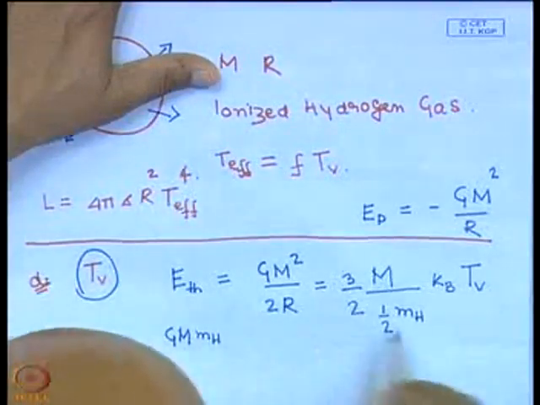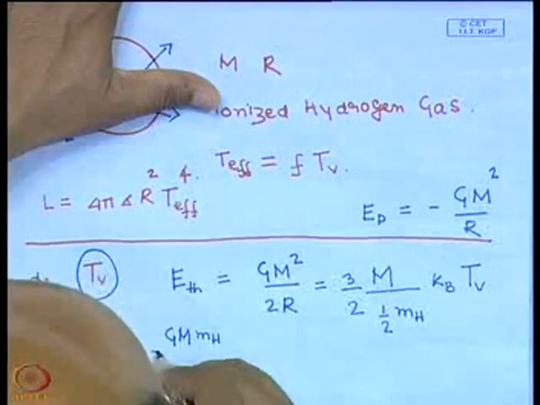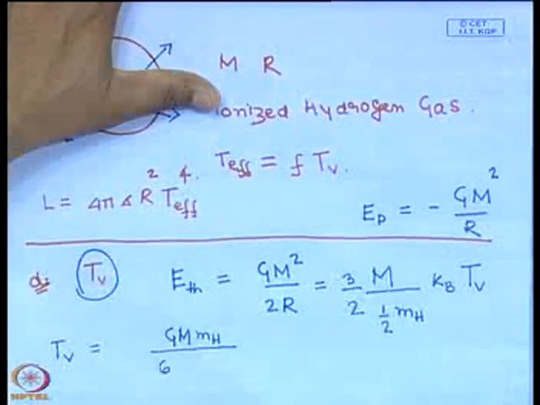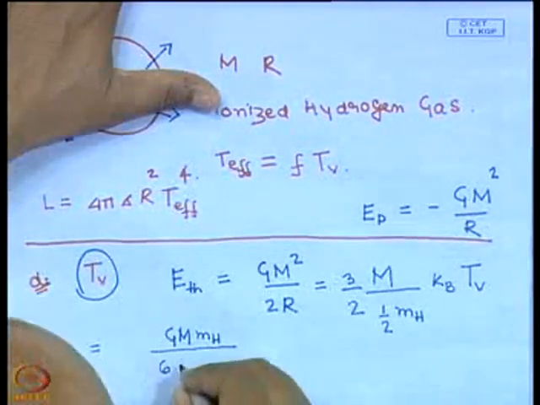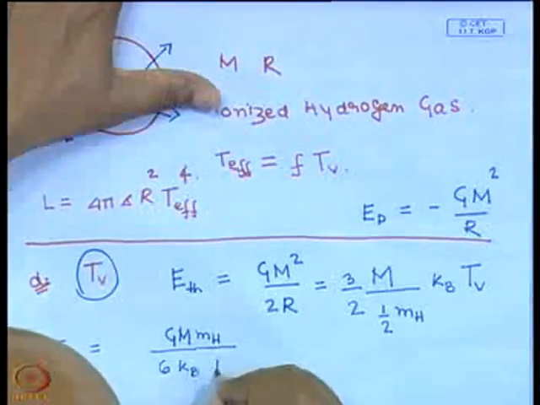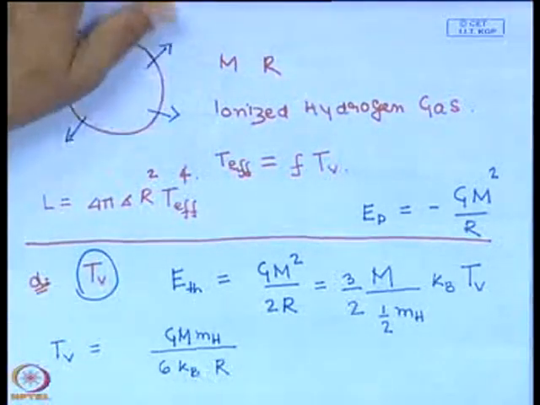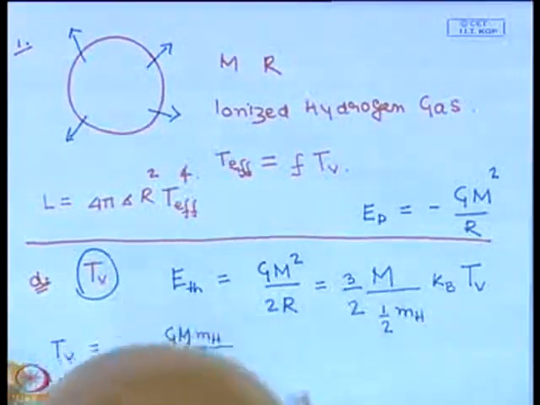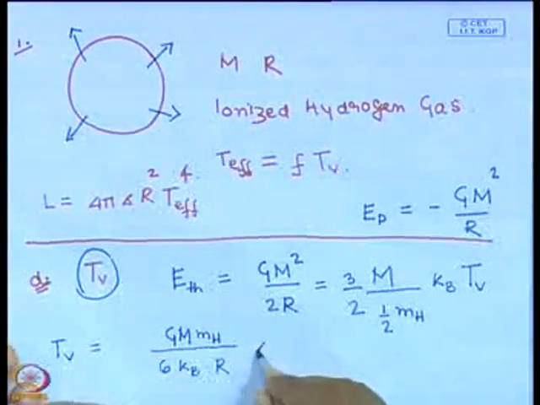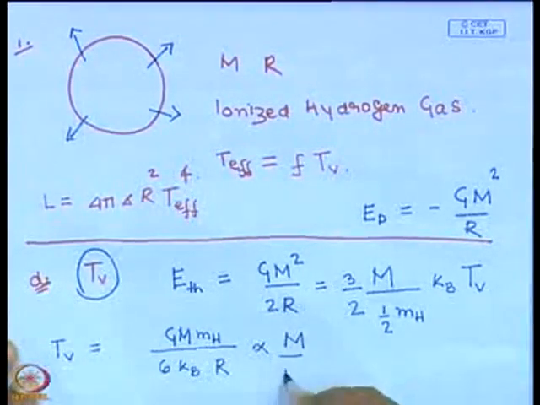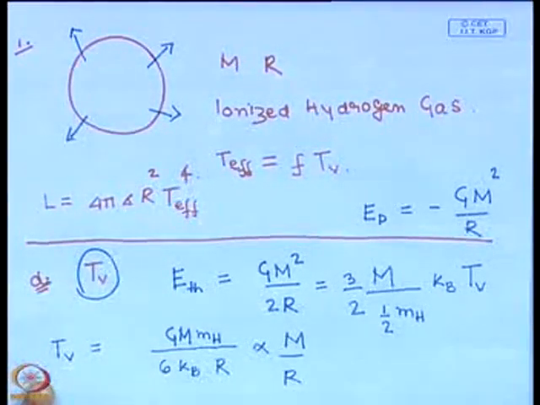So, G m mH divided by 6 into the Boltzmann factor k b into R. I hope we have got it correct, right? Let us just check. So, that is the virial temperature, it is essentially proportional to the mass of the object and inversely proportional to the radius of the object. Okay.